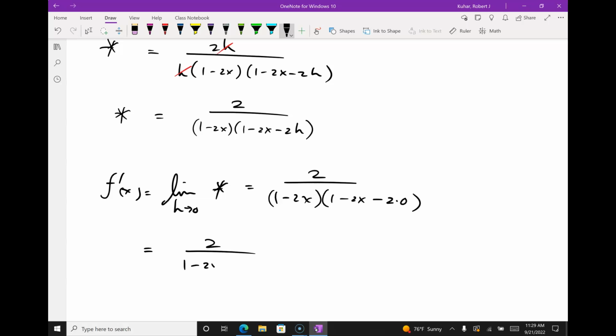So it looks like I get 1 minus 2x, that quantity twice. So that is 2 times 1 minus 2x quantity squared. And there's my derivative.